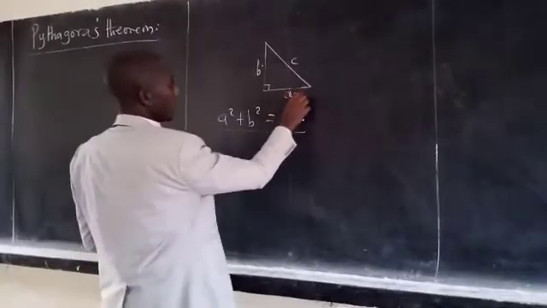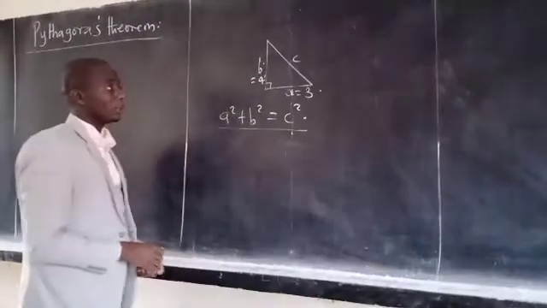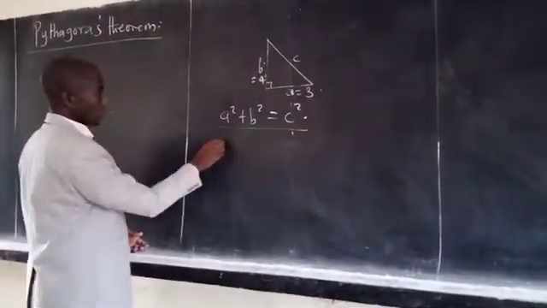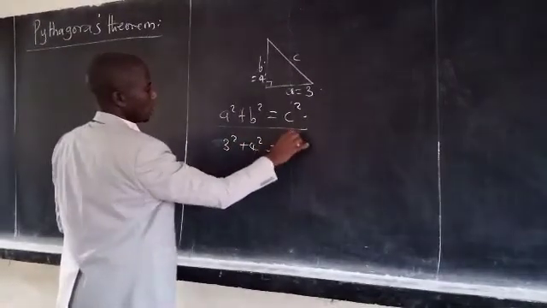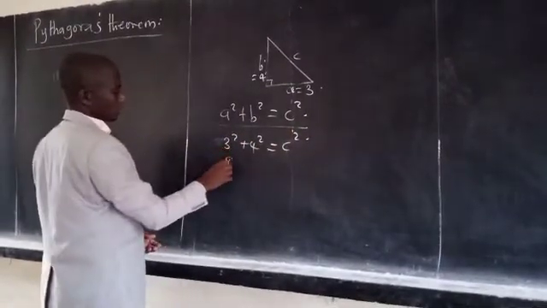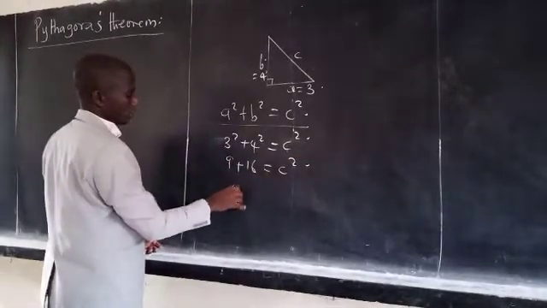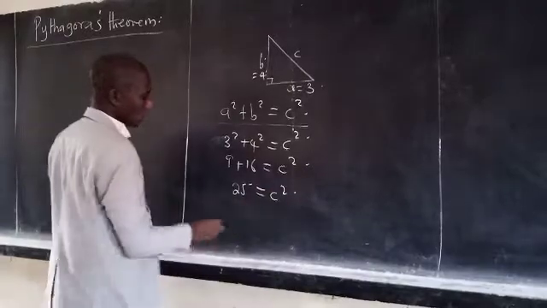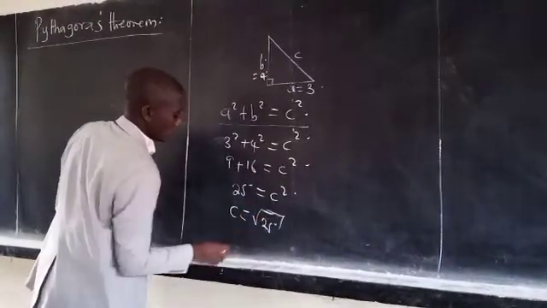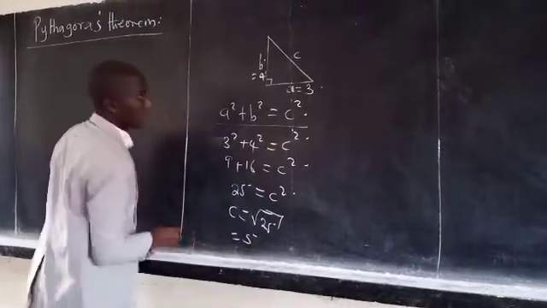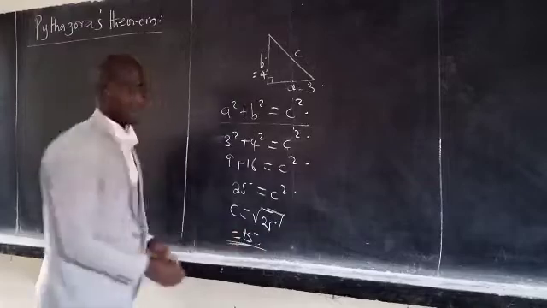So if A is 3 and B is 4, then somebody has the capacity to get C: 3 squared plus 4 squared is C squared, and this would be 9 plus 16, which is C squared, and this is 25 equals C squared, and therefore our C would be the square root of 25, which we will take as 5 length when we take the positive value there.